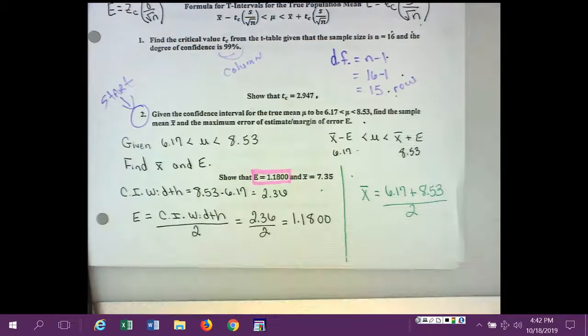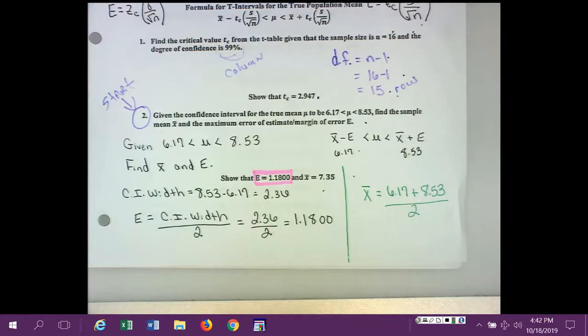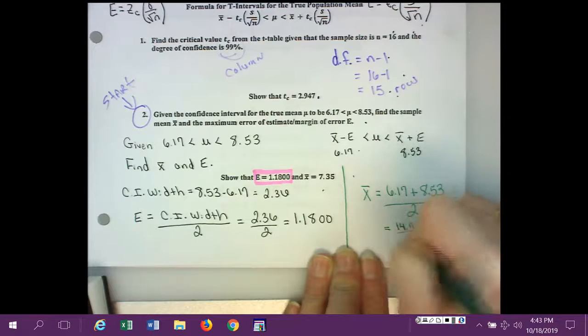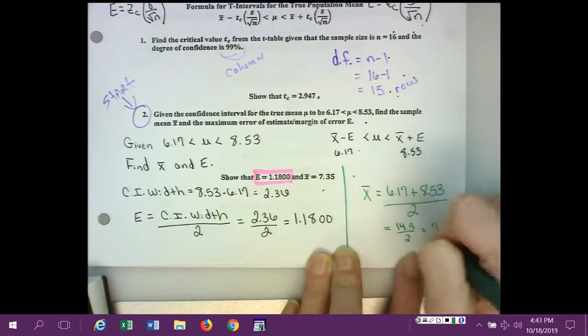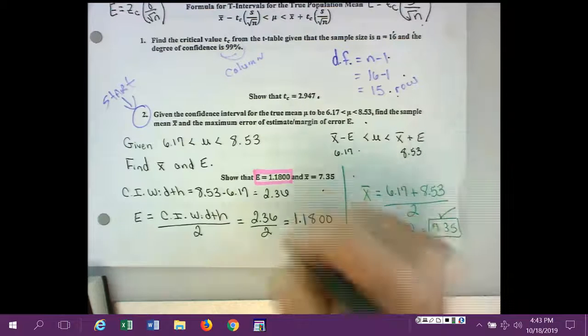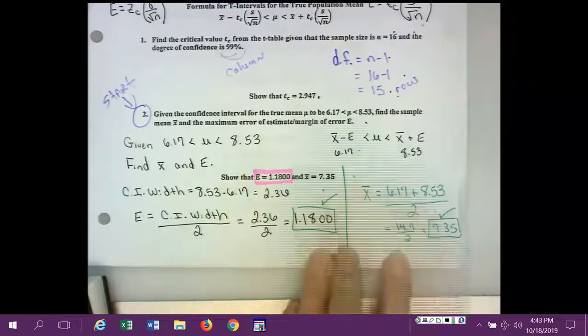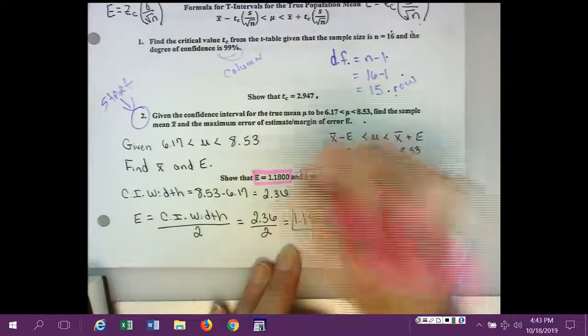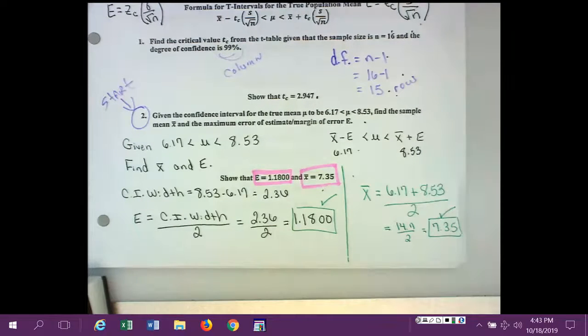It is the average of the lower and the upper. 6.17 plus 8.53 divided by 2 is 7.35. And I'll give you that number. 14.7 divided by 2 is 7.35. Check. Check. And we're able to verify that the mean is 7.35.